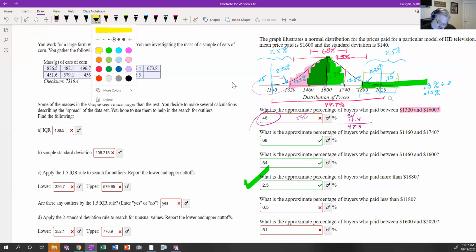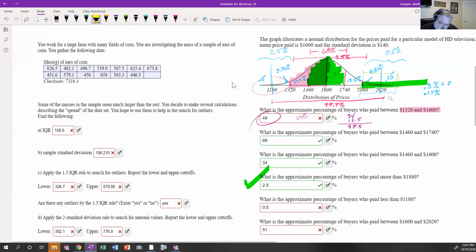Let's see. What about this one? Was the approximate percentage between 1600 and 2020? Well, between 1600 and 2020, is this set stopping there? So that should almost be 50%, but 50% minus that little piece.